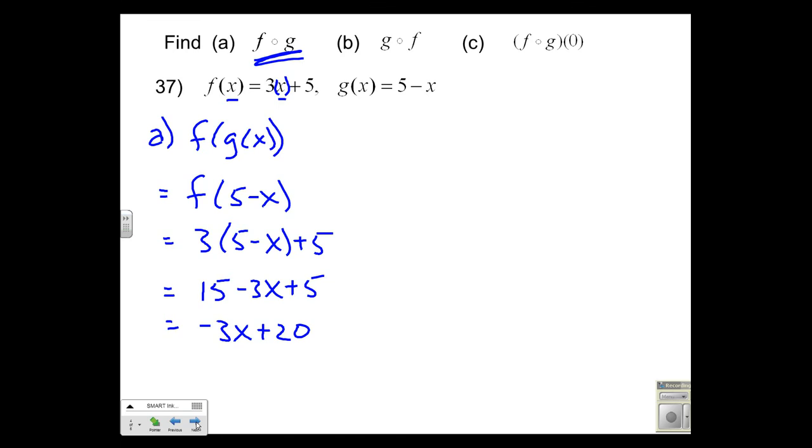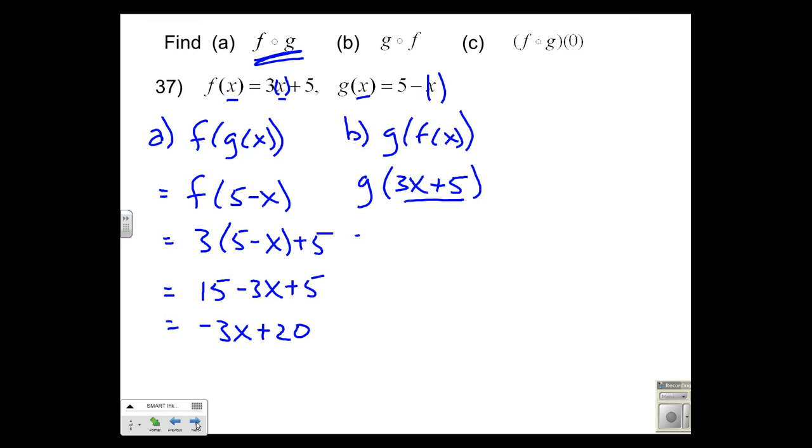Okay, so now here's our big commutative test. B, g of f of x. If this is commutative, then we might start building up some data that makes us think this is a rule. So g of f is 3x plus 5. G is a factory that puts things right there. Careful, we need the parentheses around this binomial.